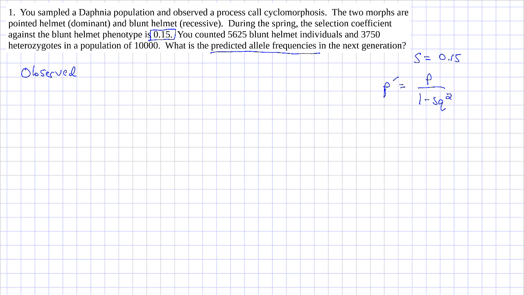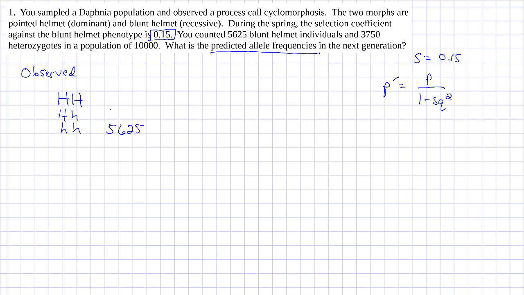So, we're looking at our observed genotypes. I'll use big H and little h to represent our alleles. So in this population, we observed a blunt phenotype, which is the recessive phenotype. We had 5,625 individuals.